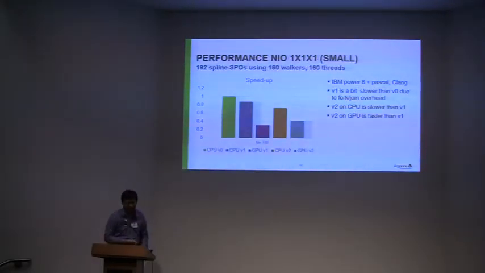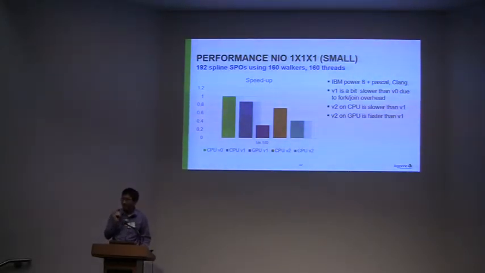So here we look at the performance. To gain on the CPU from V0 to V1, the goal is to reduce the kernel launching overhead of our target region. So we need to fuse the workers into a single kernel.